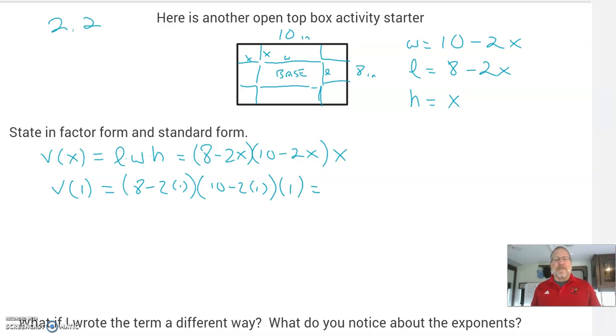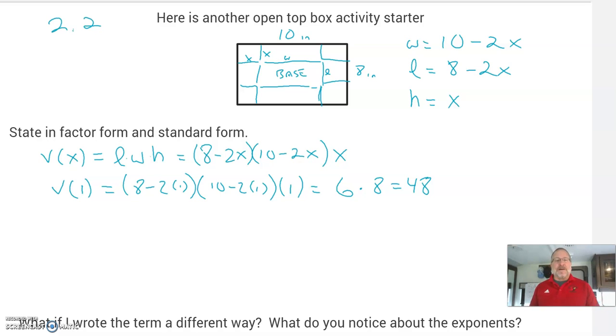Let's clean that up a bit. That's 8 minus 2, that's 6. 10 minus 2, that's 8. And then times 1. So we find our volume is 6 times 8 is 48. Technically, it's 6 times 8 times 1. There's our 3 dimensions. And we know our volume's 48.